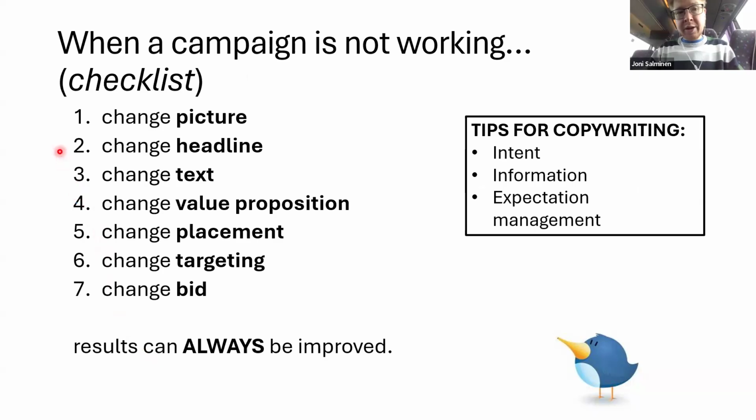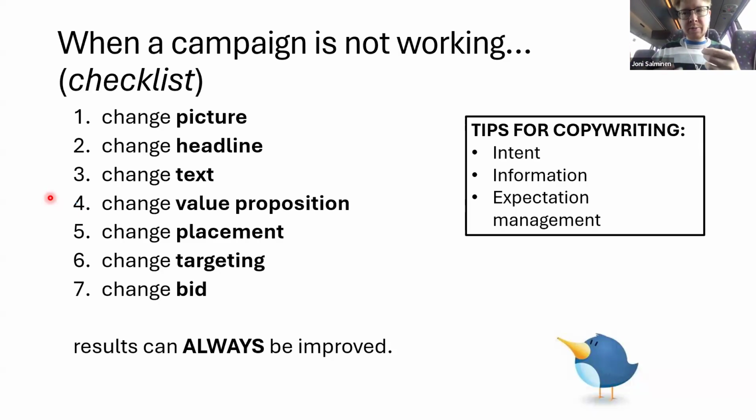And there are many variables we can change when we observe inferior performance, or when we want to improve the conversion rate. So we can improve advertising components, so pictures, headlines, body texts. We can change the value propositions. We can talk about fast delivery. We can talk about broad selection and so on.